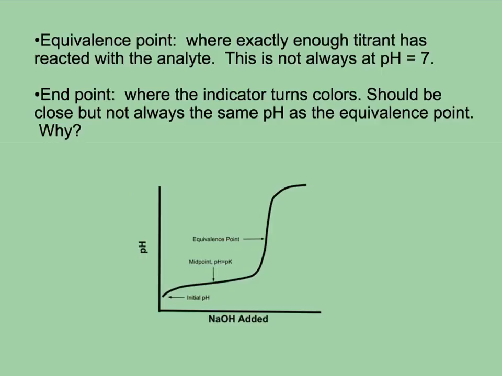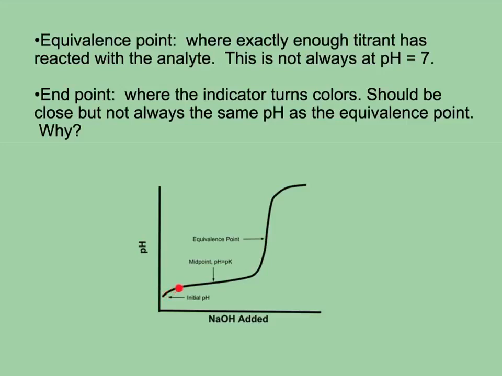So here's what a typical titration curve looks like. It looks kind of like an S. So at the very beginning, if you were to measure the pH that's in your Erlenmeyer flask where your acid and your indicator is, it's acidic. And so the pH should start very low, depending on what the pH of your original acid is.